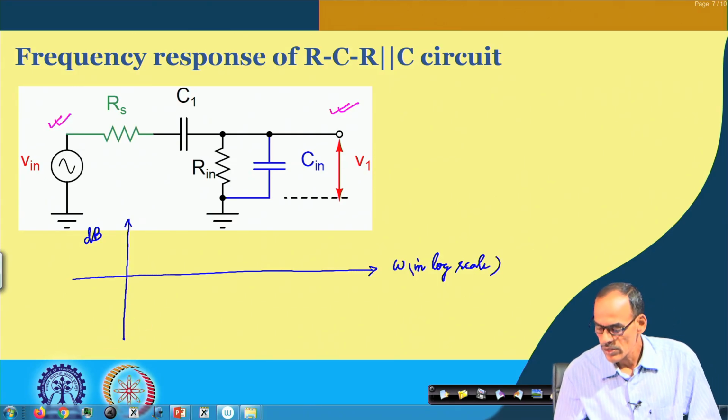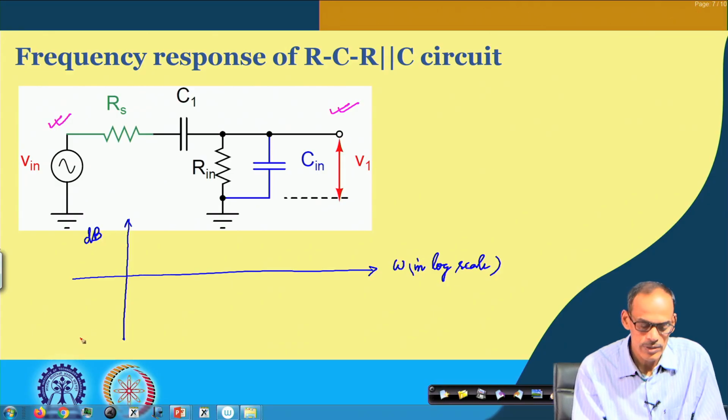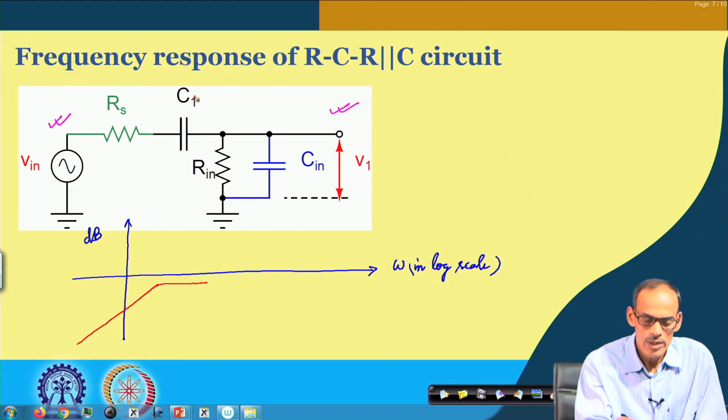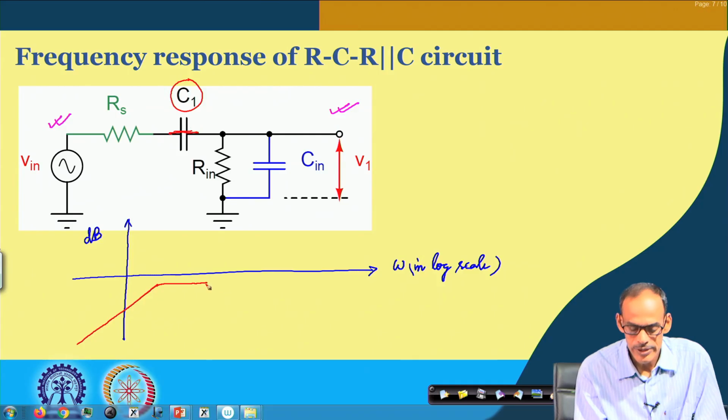At very low frequency we have a 0, and then we have a pole where this capacitor starts shorting the signal beyond that frequency.